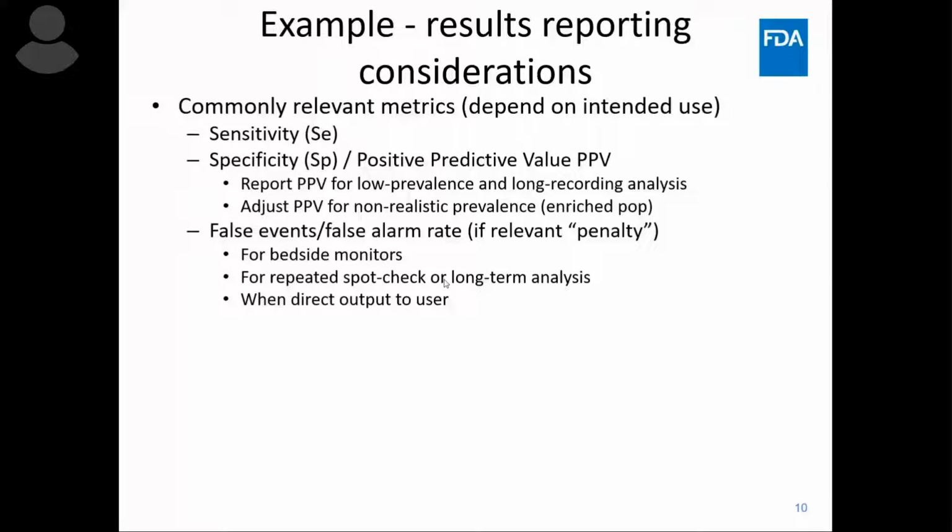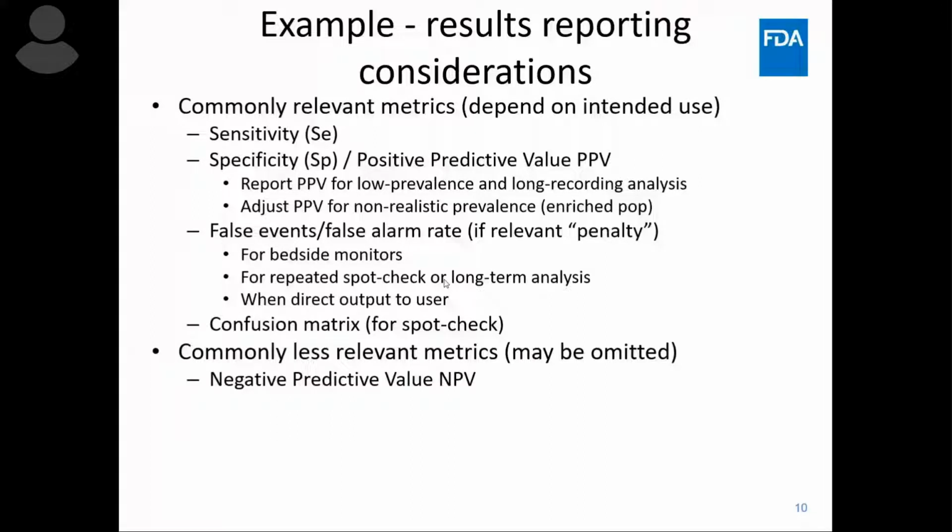It is also, in many cases, helpful to report the confusion matrix, so we can see where misclassified ECGs are bucketed. We usually don't see it as very relevant to report the negative predictive value, just because the disease prevalence is very low and negative predictive value is usually 90-something percent, even if the device doesn't work very well.